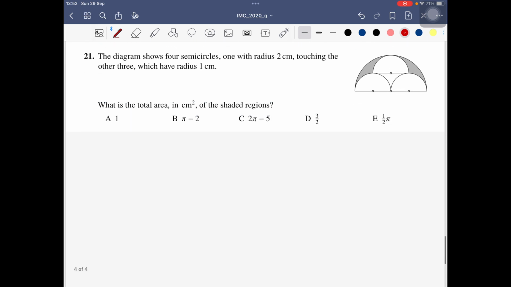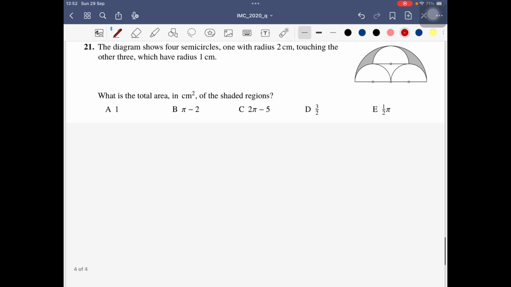And number 21. For semicircles, one radius is 2. So the smaller was radius 1, the larger one is radius 2. So 2, smaller 1, 1, 2, 2, like this.